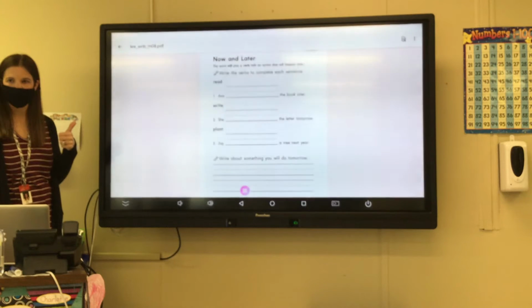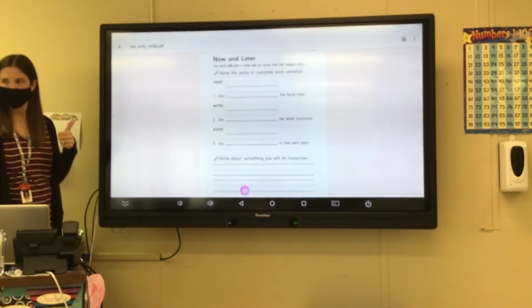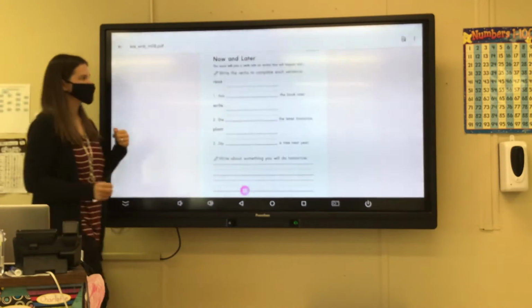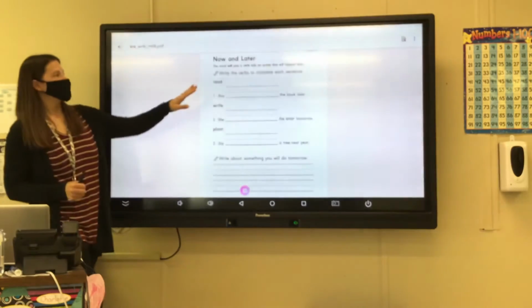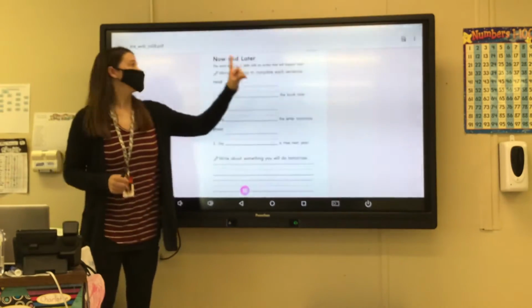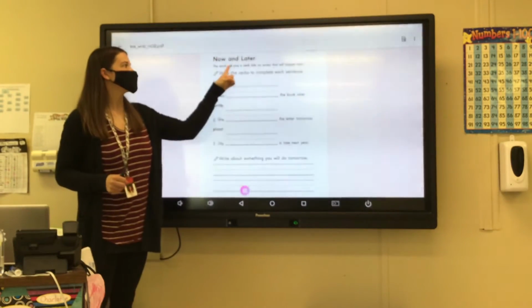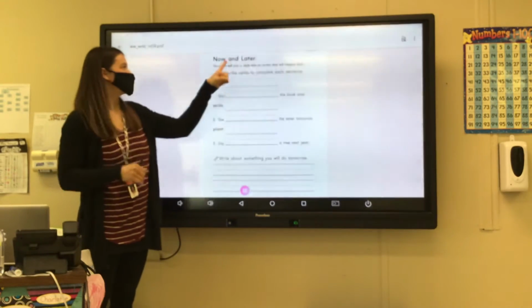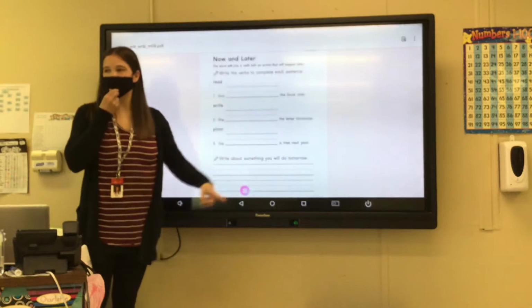Okay, so once again, I'll read it one more time. Now and later. The word will plus a verb tells an action that will happen later. Write the verbs to complete each sentence.